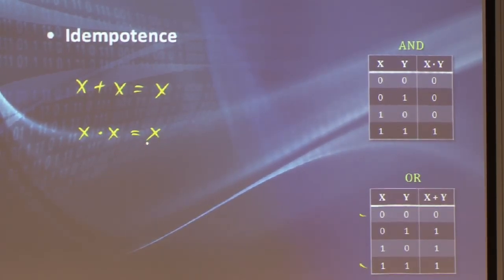Anything ANDed with itself will just give us itself back. You might be asking yourself why this is important to know. Because when we manipulate more complex expressions, you will start getting repeating terms, and then you can just omit one of them because it will not change the final result.